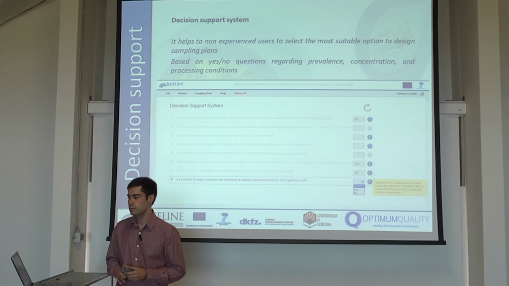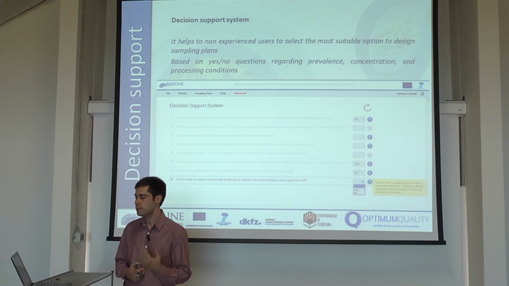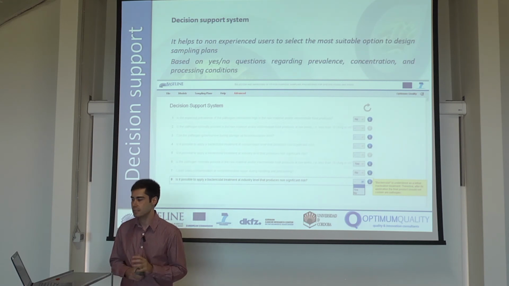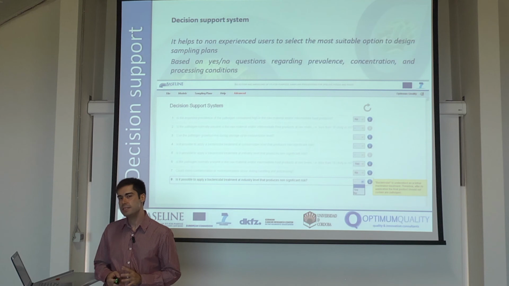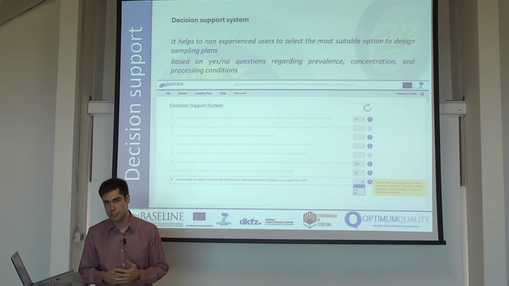Finally, there are some tools such as the decision support system. This was created to help non-experienced users to select the most suitable options to design sampling plans. This is based on yes/no questions regarding prevalence, concentration, and the different processing conditions.